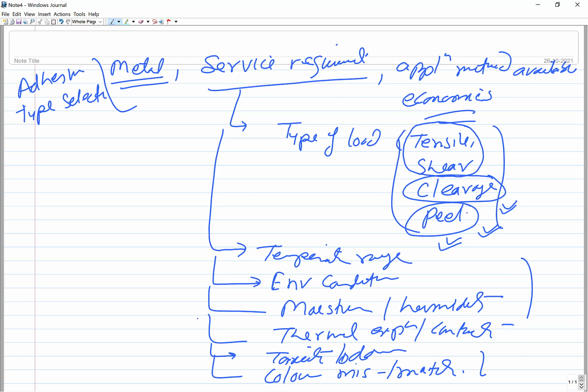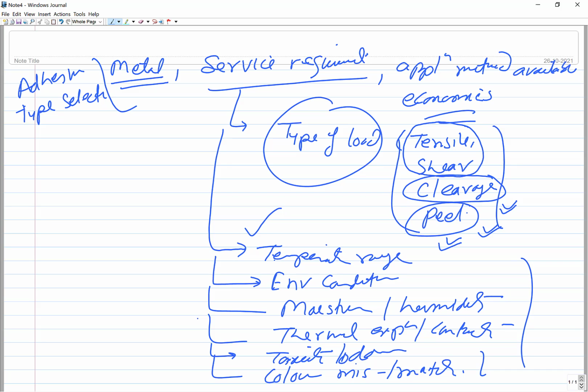So the choice of adhesive depends on the service requirements, which include the type of load, temperature range, environmental conditions, moisture, expected thermal expansion, odor or toxicity, and possible color mismatch.